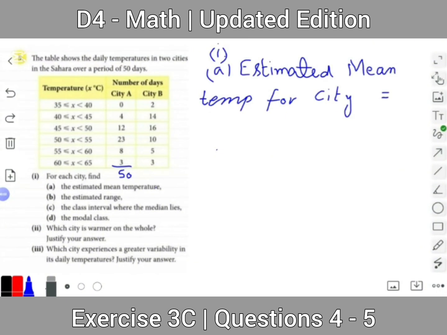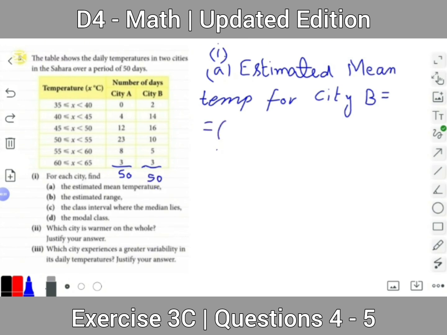Now to find out the estimated mean temperature for city B, the total of frequency for city B is again 50. Now we have the formula summation of fx divided by summation of f.